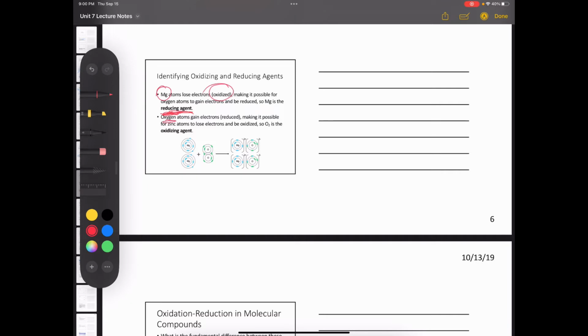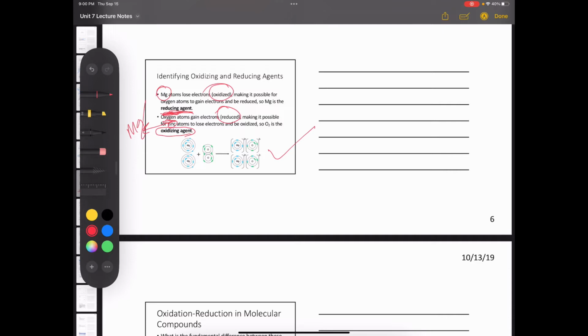Oxygen, on the other hand, gained these two electrons. Oxygen reduced, right? Which allowed, I'm sorry, not zinc, but magnesium, to lose these electrons. So that's why oxygen is considered as an oxidizing agent. And this is the same equation that we talked about.